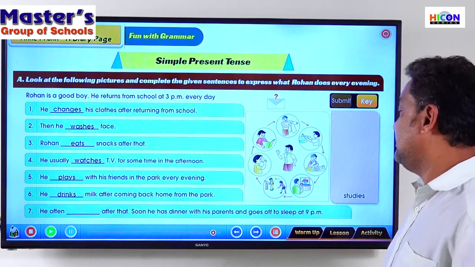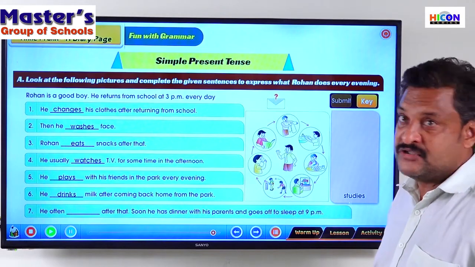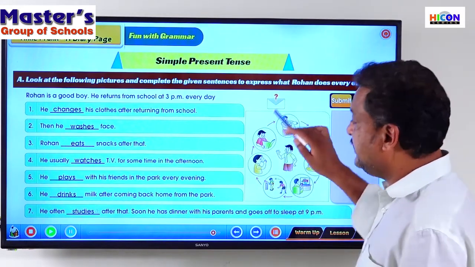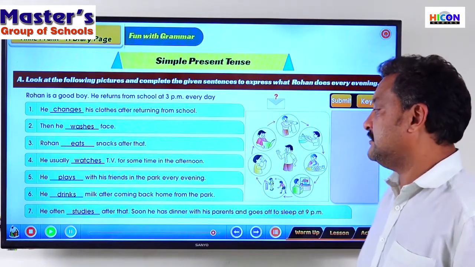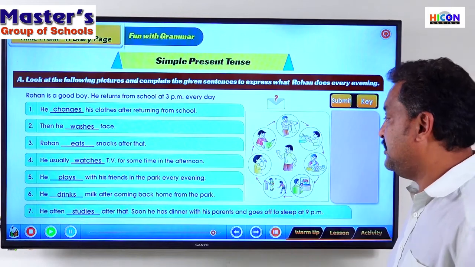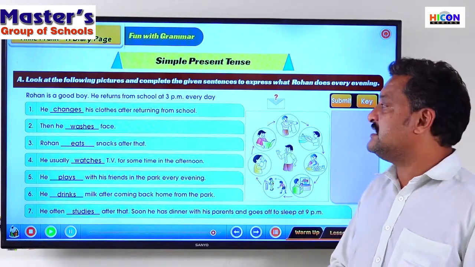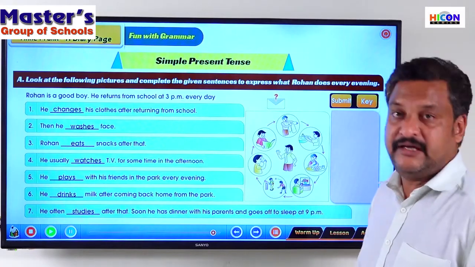He has dinner with his parents and goes off to sleep at 9 p.m. So after coming from the park, he drinks milk and then he sits to study. He studies after that and soon he has dinner with his parents and then he goes off to bed. So this is what Rohan, a good boy, does in the evening.